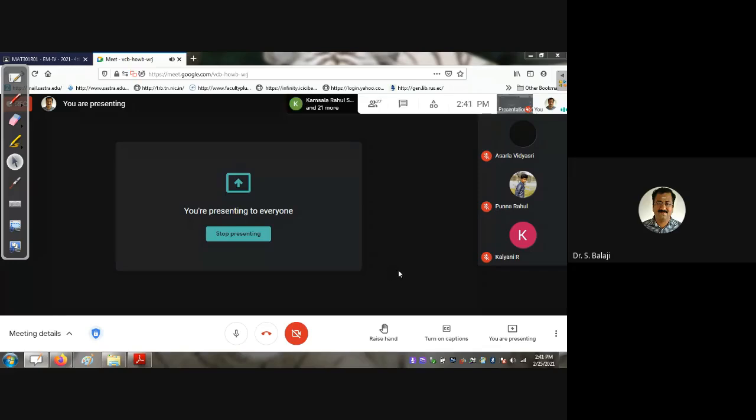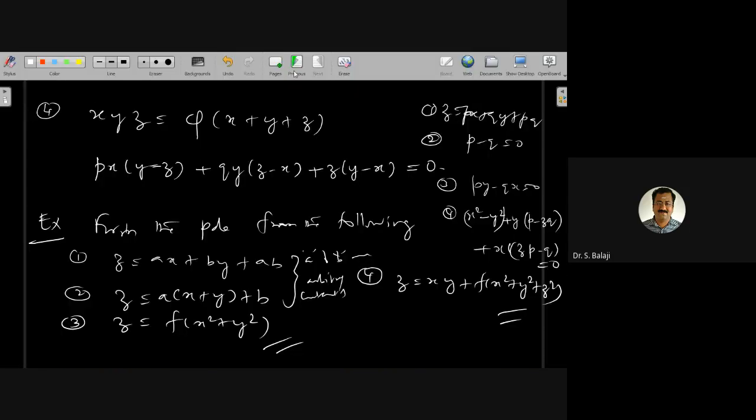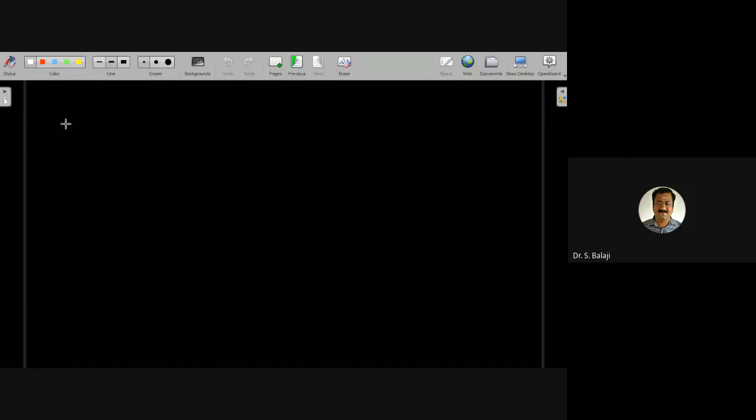Otherwise, it will be a cumulative effort you have to do. This is the idea of elimination of arbitrary constants and arbitrary functions to form partial differential equations.